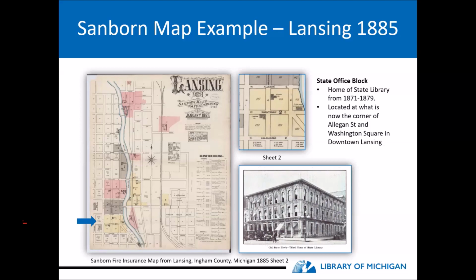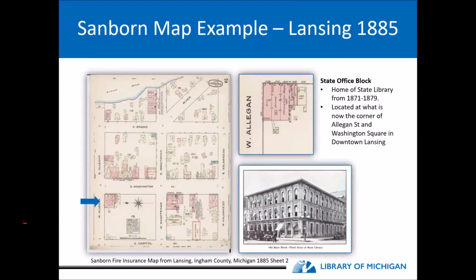On the left-hand side, we have the big page with the arrow pointing to what would be a blown up location, which is going to be on sheet 2, where this office building image that we found, I believe Adam found this image of Old State Block, third home of the state library. What we want to think about in this particular example is what other material or resources should you use in conjunction with Sanborn Maps, like maybe pictures, postcards, and so forth.